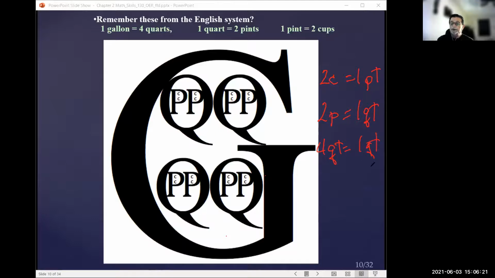These 3 conversion factors can be written either of 2 ways. The first one, 2 cups and 1 pint, could be written with cups in the numerator or cups in the denominator, okay? The same with the pints and the quarts and vice versa. So I got a total of 6 ways to write these conversion factors, which I can set up as I need to go from point A to point B.